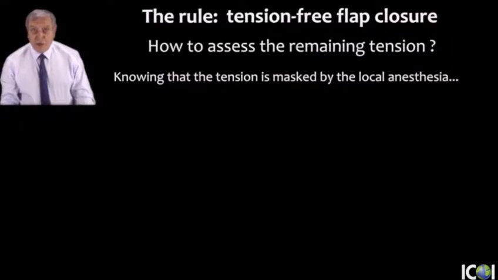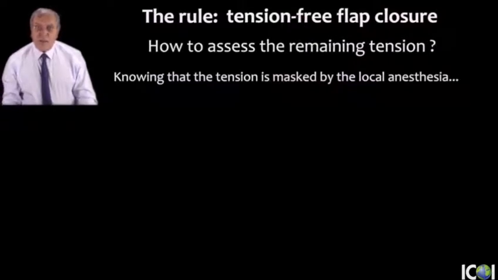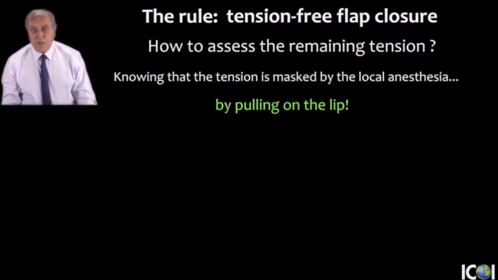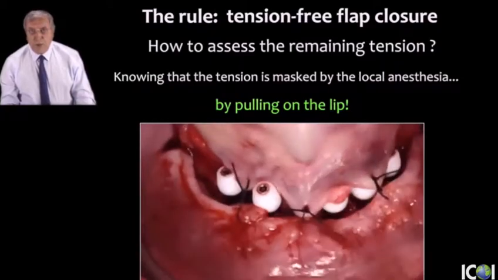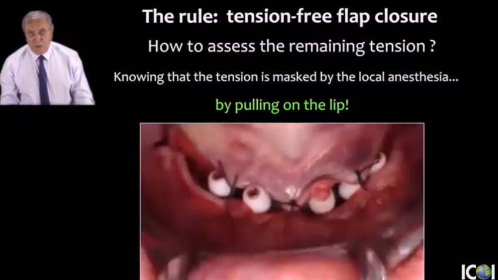And then the tension is masked during the surgery. If we want to assess the tension, we just need to pull on the lip. And this is what we will see. We will see the mobility and we will see the tension.